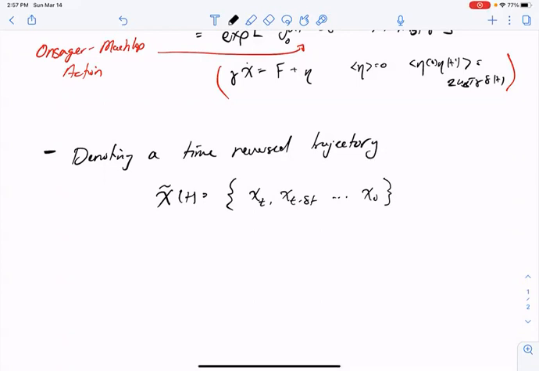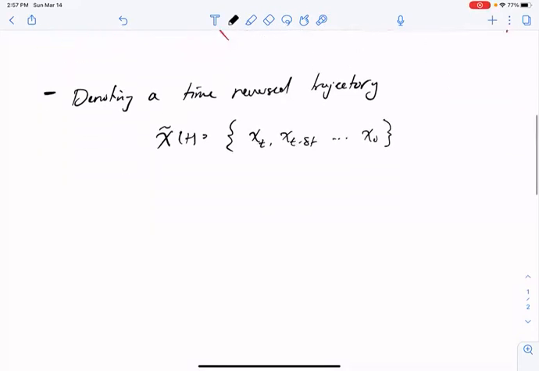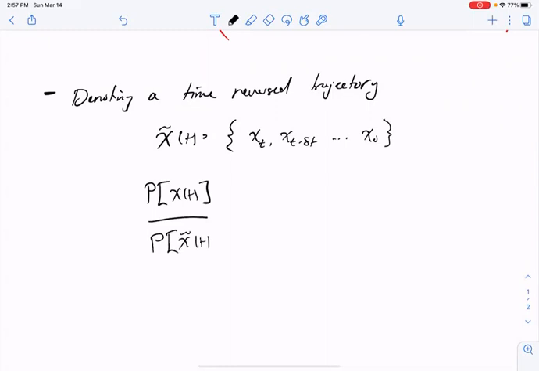Indeed, because the bath is always at equilibrium at some well-defined temperature, it follows that the probability of observing a whole trajectory forward in time relative to its time reverse is just given by the heat that flows into the environment.